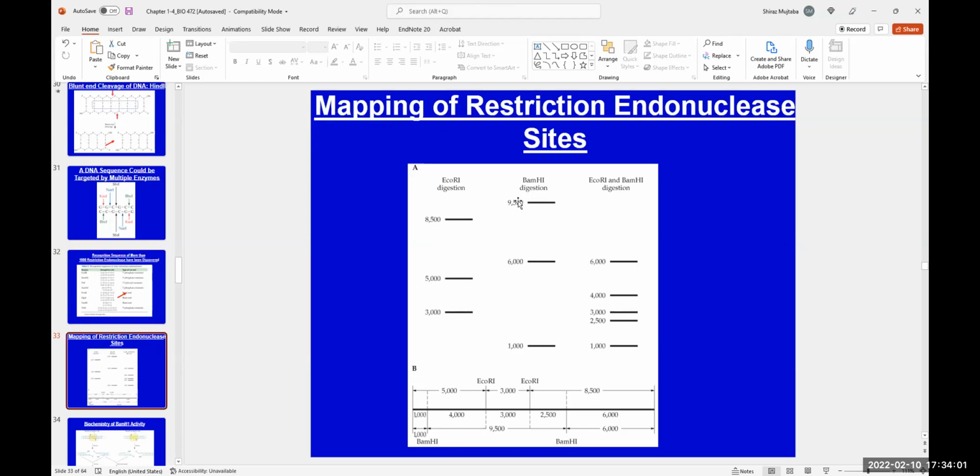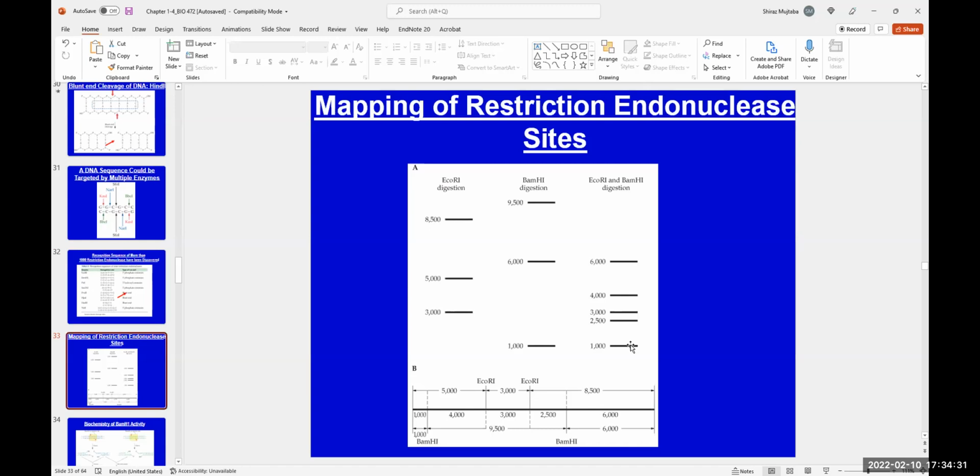BamH1 gives 9500, 6100. So same DNA, when cut by two different enzymes, EcoR1 and BamH1, gives rise to three fragments of this type. And when both of them cut together, it is giving a different pattern. So enzyme A, enzyme B, enzyme A plus B, give different patterns.